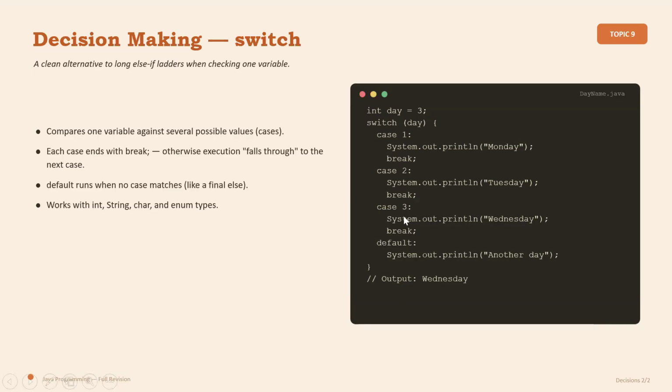When it prints Wednesday, it executes the break and comes out of the switch, where you can see the closing curly bracket. It's not going to check the next cases.